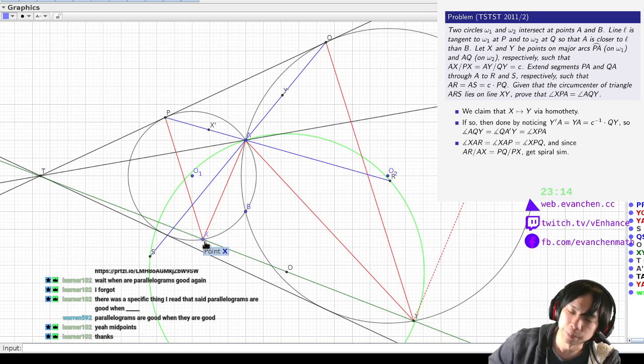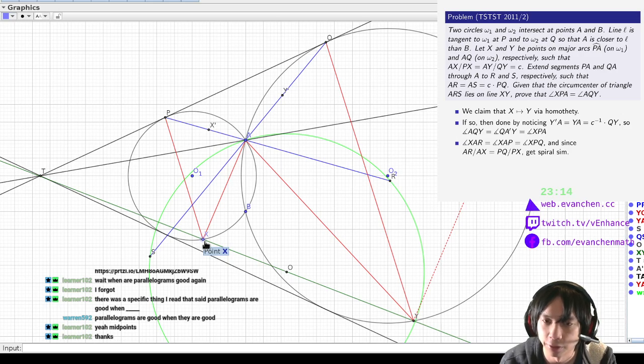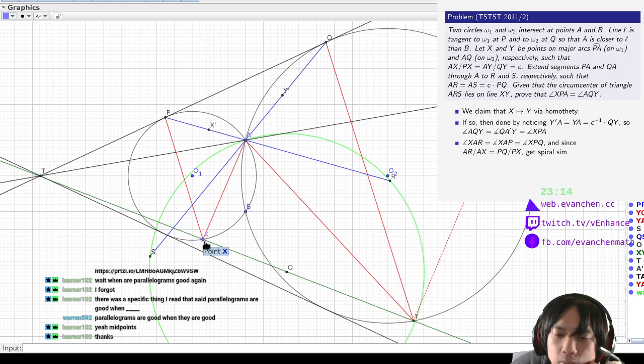Like it gave me 2 spiral sims and also tells me I want to show X maps to Y. What does that have to do with ARS?